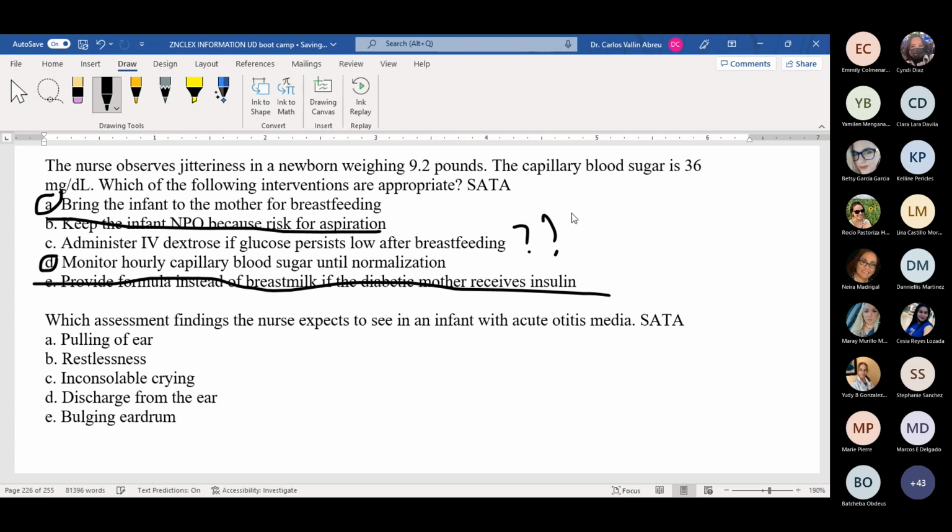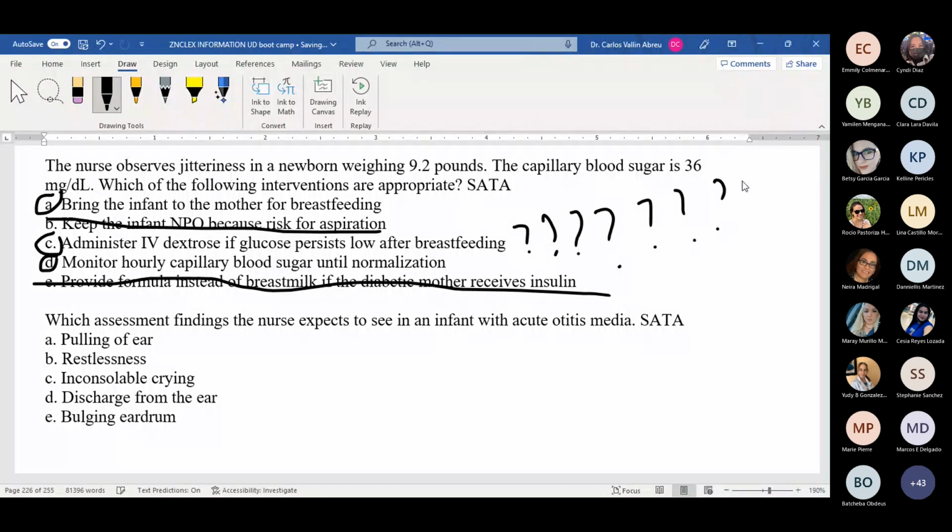And we were discussing that these doubts are healthy and that if we have this situation in our NCLEX, we should not freak out and we take the decision. So my decision was to mark that, but it doesn't mean that I'm sure that this is the right answer. I'm not sure.